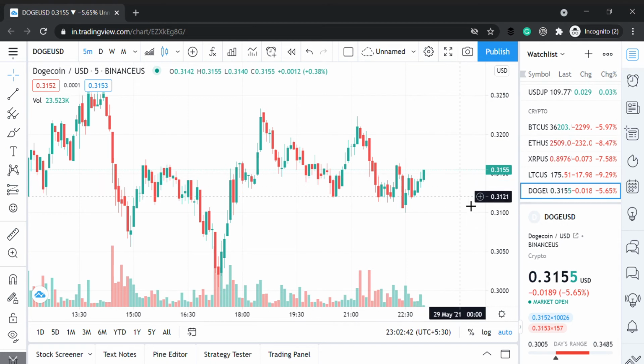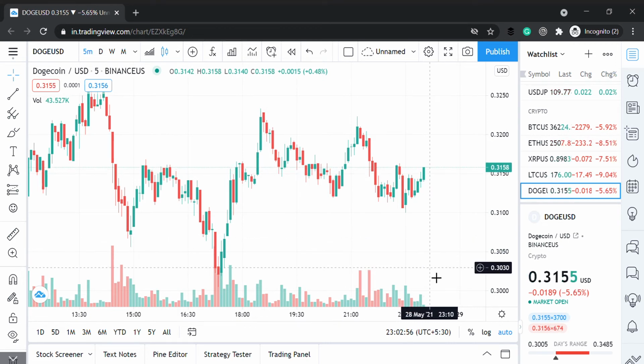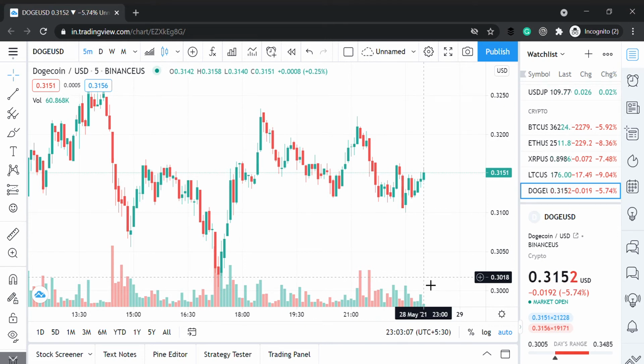Here you can see the price is again increasing, and it's 0.3152, but the problem here is the volumes are not increasing. When you see the volumes of this particular candle and compare this volume with the previous candle, the volumes are quite low.